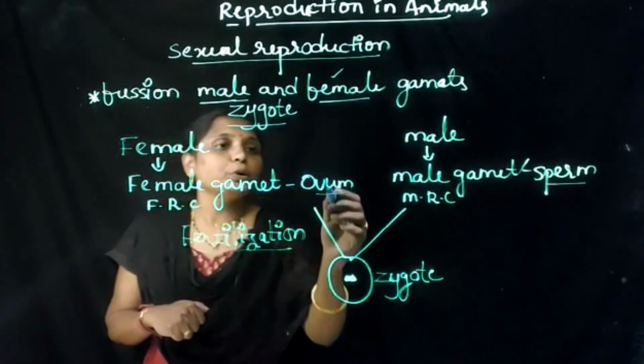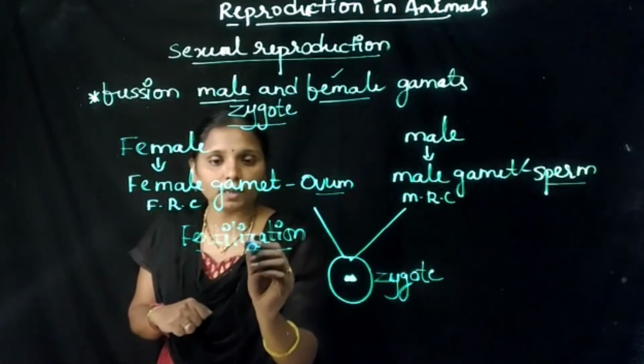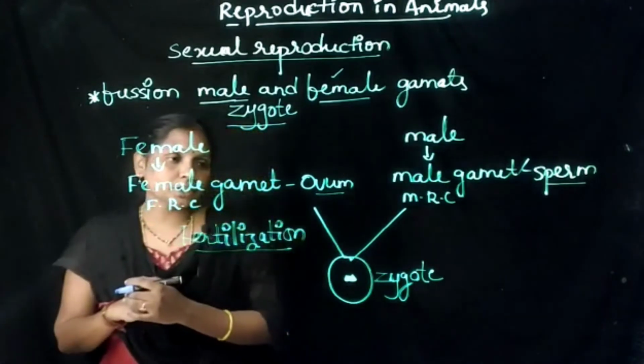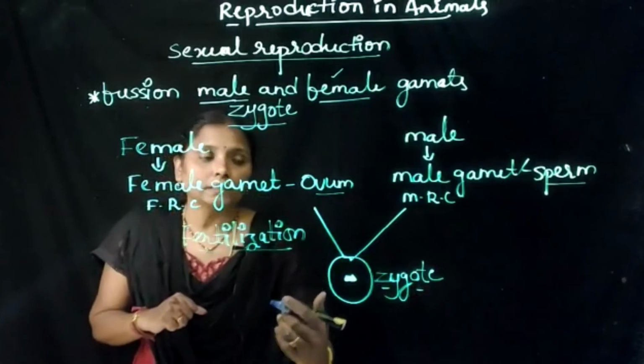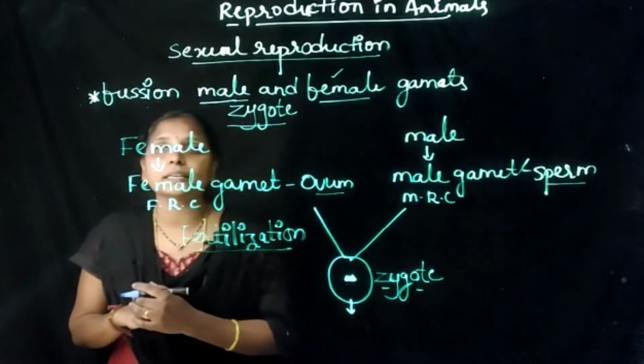Fertilization means the fusing of the ovum and sperm cell. After fertilization, we find the zygote. After forming the zygote, it divides into a number of divisions.